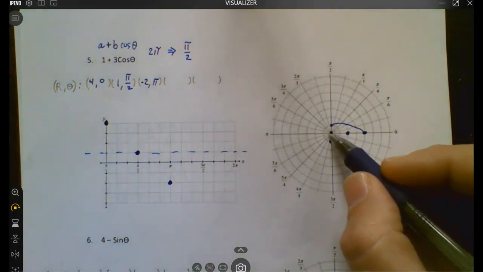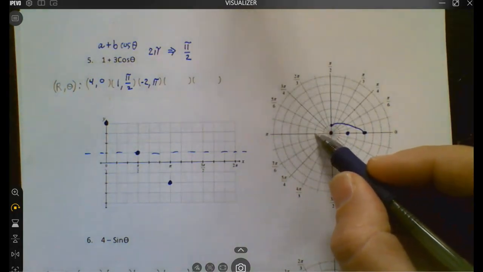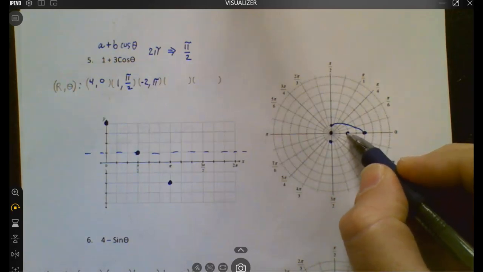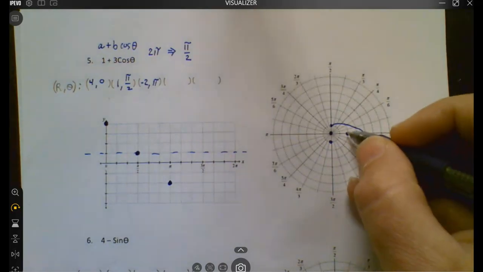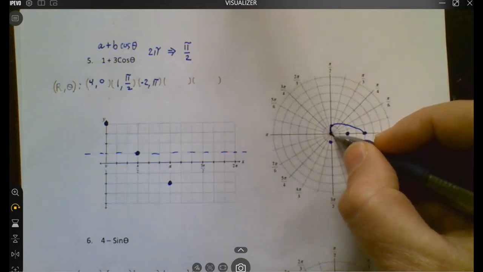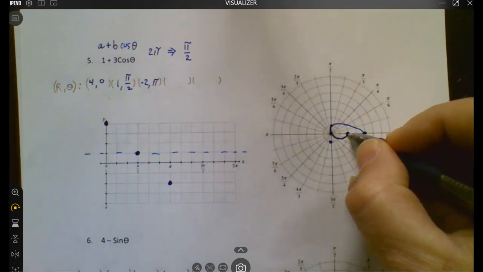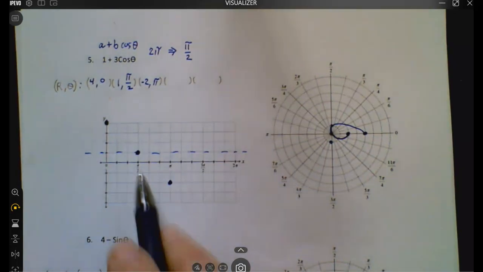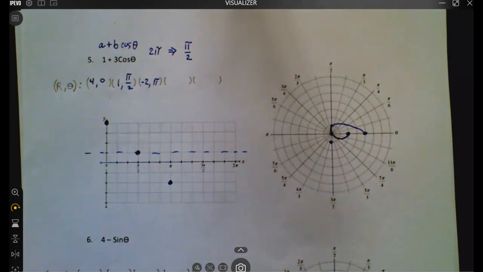If I went to -2 and then pi, we're right here. So next we're headed towards our small radius, right? So we're going to be heading to this one. As we carry through, you're going to start seeing the loop take place. So we're going to this guy. That was quad 2, from pi over 2 to pi.